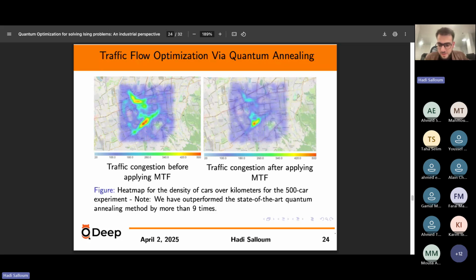So this is the first application. But how do we formulate this problem? We apply Dijkstra and make an initial solution to see the best route for each car.